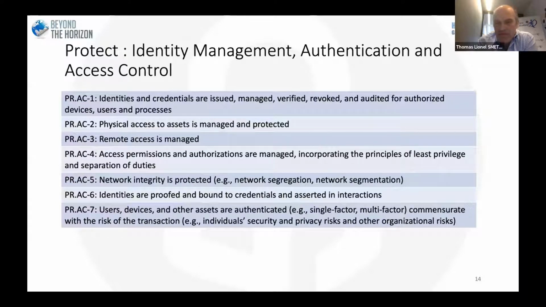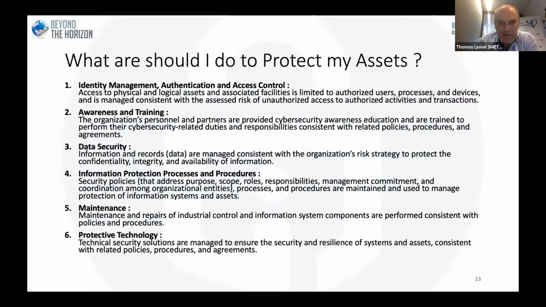I copy paste from the framework because it's very interesting, and it really helps organize yourself into how to put in place the defense and how to protect. But if you have a process running, maybe you will prefer to use another checklist.